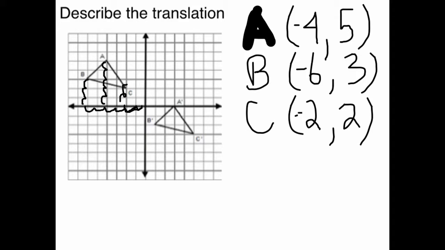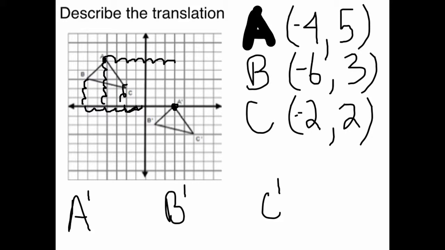Now, I want to figure out what my coordinates of A prime, B prime, and C prime are to figure out my translation. So all I'm going to do is start with my point A, and count over and down until I get to A prime. So I'm moving 1, 2, 3, 4, 5, 6, 7.